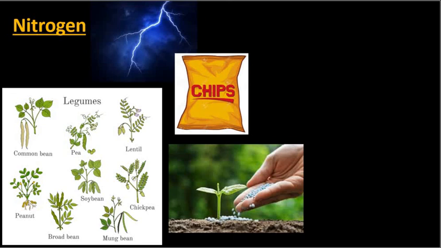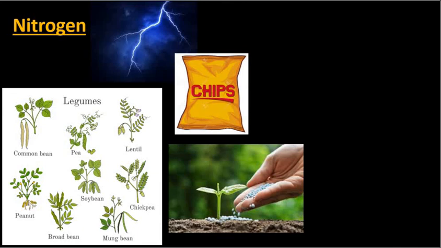This helps keep bacteria from being able to grow and live inside your chips. Nitrogen is very cheap because there's an awful lot of it, so it's very easy for them to have access to it, to put it in the chips to keep the bacteria from growing.